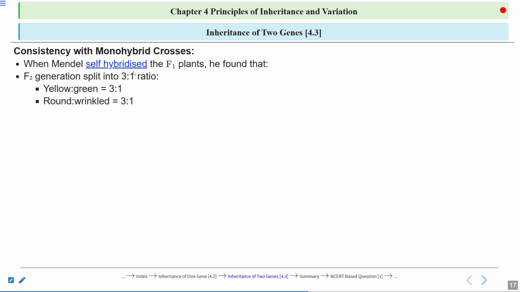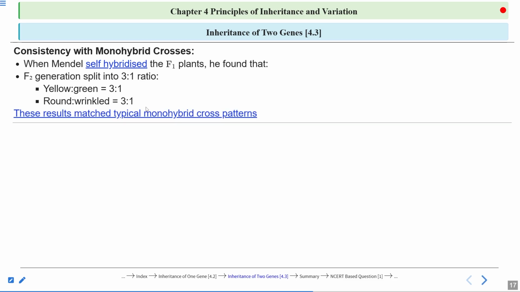So the F2 generation split into a 3:1 ratio. Yellow and green split in a ratio of 3 dominant to 1 recessive, and round and wrinkled also segregated in 3 dominant to 1 recessive. So these were the ratios that we used to get in the monohybrid cross. So Mendel conducted his separate monohybrid crosses, and these results match the typical monohybrid cross patterns.